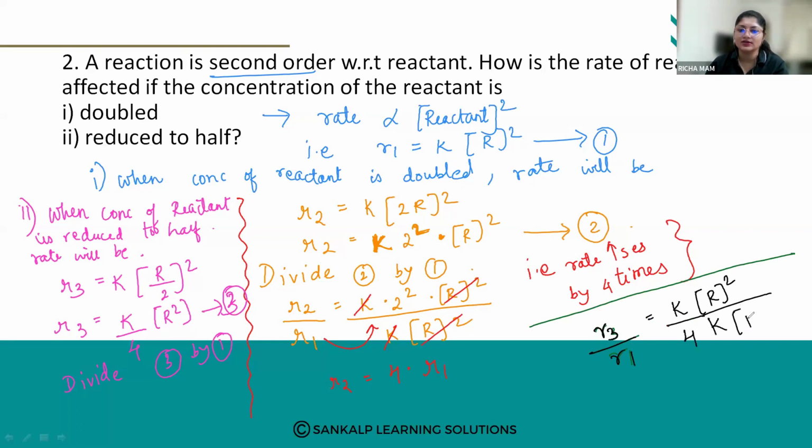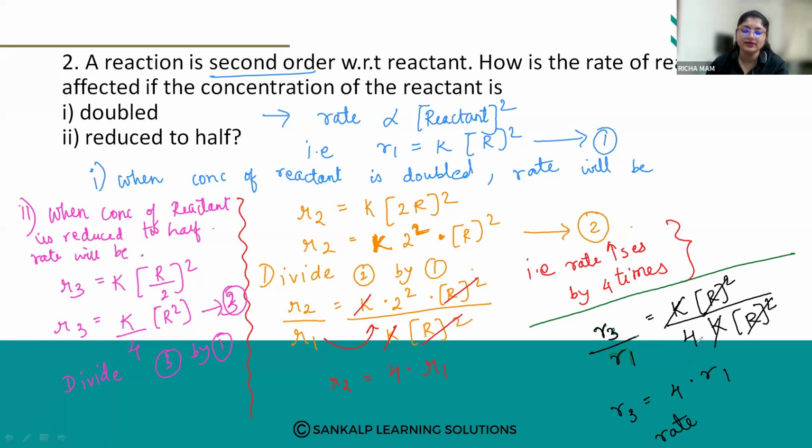K into R square. Now just see what all will get cancelled. K and K will get cancelled. R square and R square will get cancelled. So R1 is equal to 4 into R3. So rate decreases by 4 times.